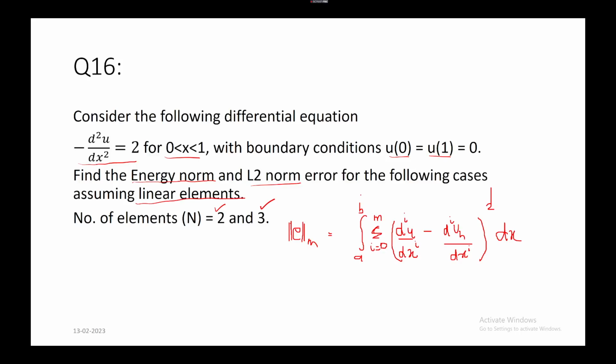This entire integral I am going to take a square root of. So this is the energy norm.